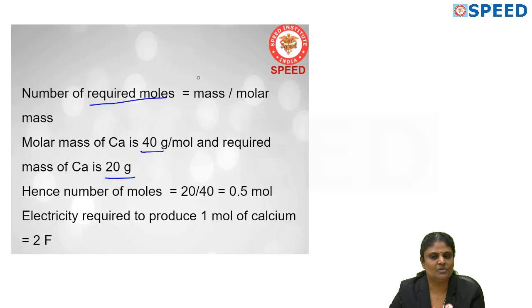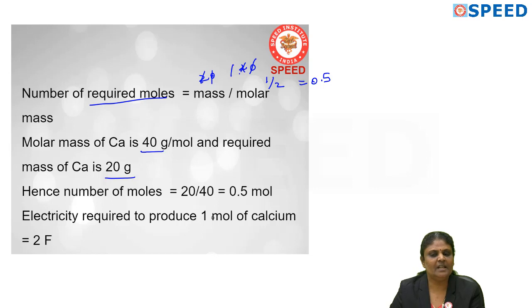So now you substitute 20 in the mass place and 40 in this place, and then you cancel the 0s. Okay, and then 2 by 4. So cancel again, both are multiples of 2, 1 by 2. So the 1 by 2 is nothing but 0.5 mole.